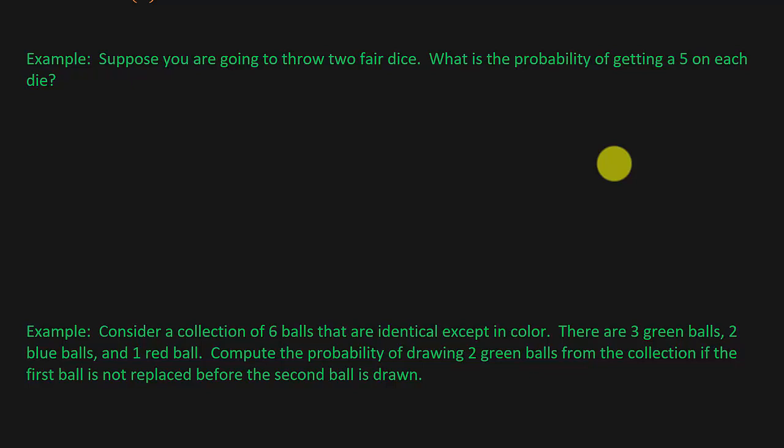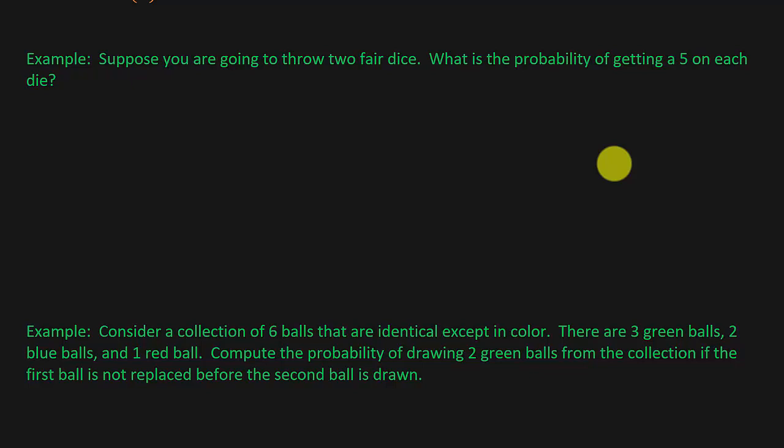So how are we going to go about doing this? Well, we want a probability on, say, the first die. We want the probability that we get a 5 on the first die, and we want the probability that we get a 5 on the second die.